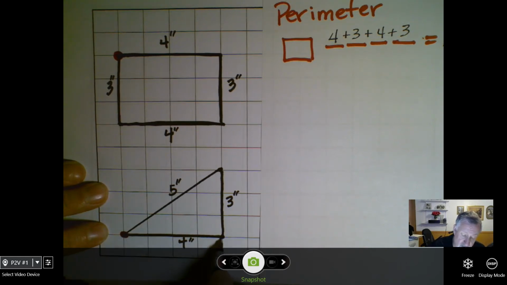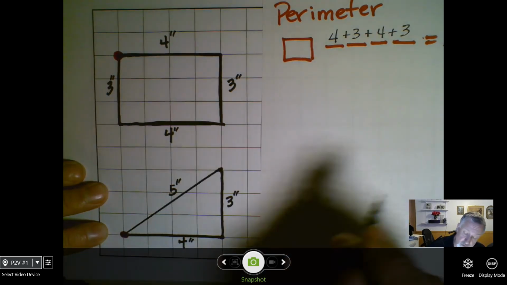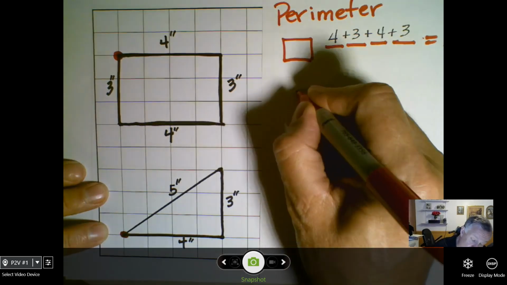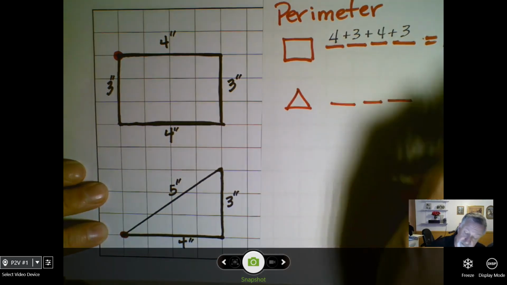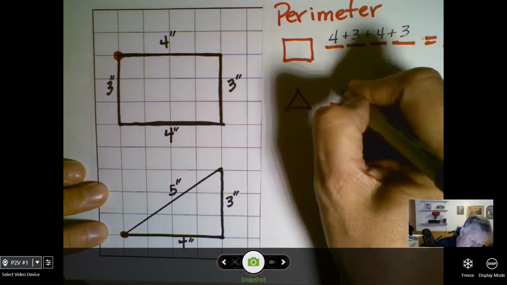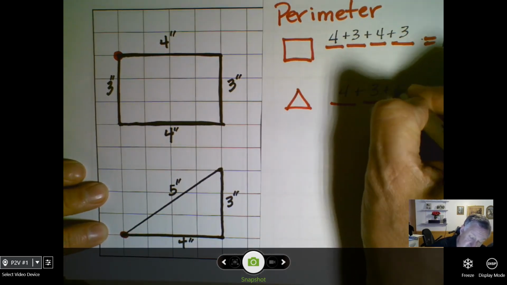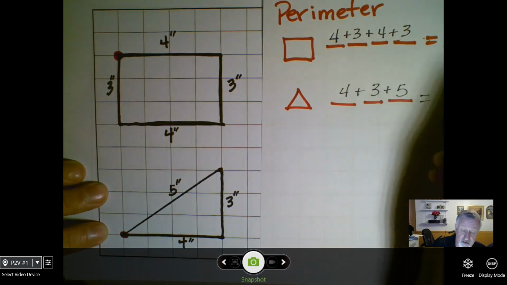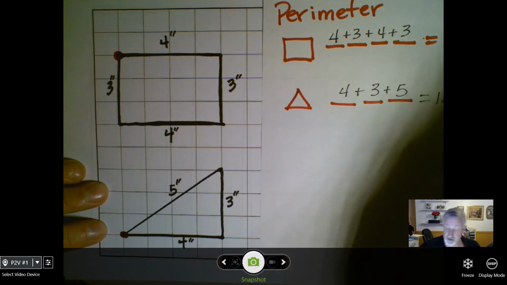Let's go 4. 4 plus 3 is 7. 7 plus 5 is 12. So a triangle has 3 sides. 1, 2, 3. One side is 4. The next side is 3. The next side was 5. We added all that together, and we came up with 12 inches.